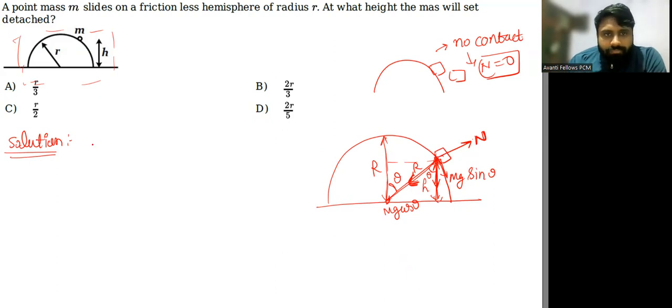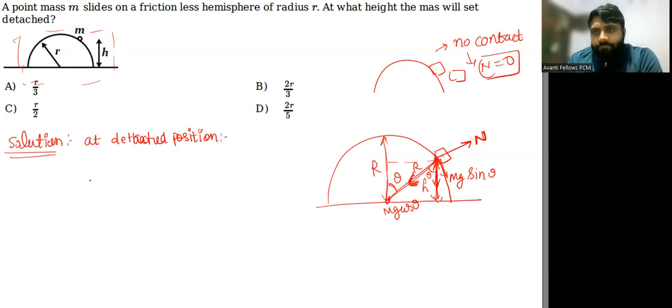So we are applying, at the detached position, Fr equals m a_r, because this normal force is acting in the radial direction. That is why we are applying Newton's laws of motion in the radial direction.